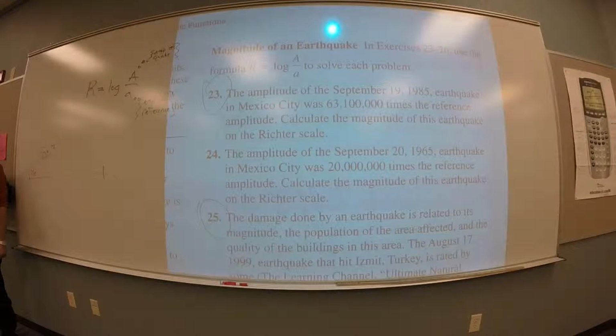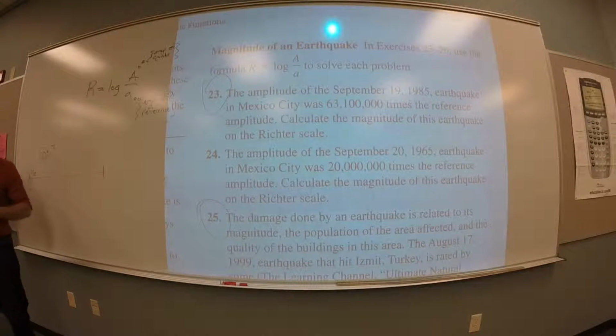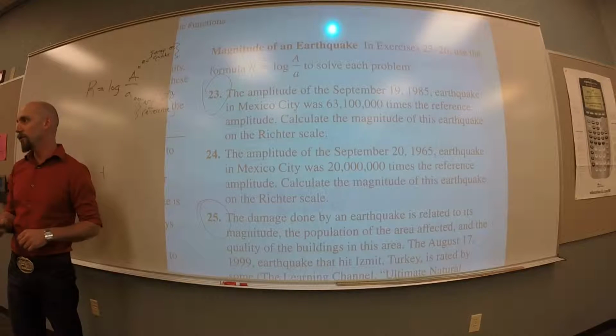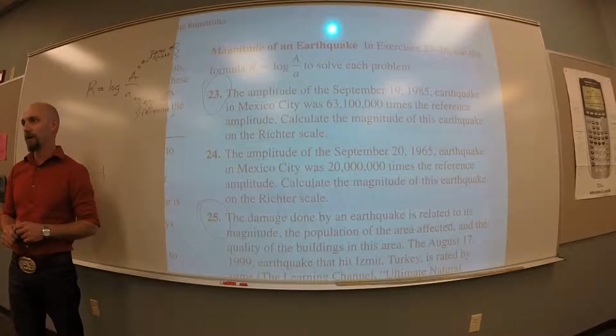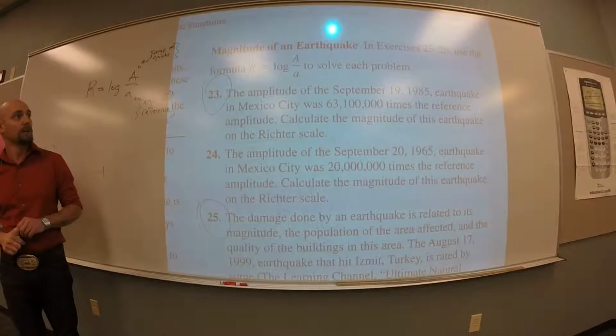A hundredth of a meter is called a centimeter, centi meaning hundred. A thousandth of a meter is a millimeter. The reference amplitude is a millionth of a millimeter. That's very small. You can't feel that order of movement.